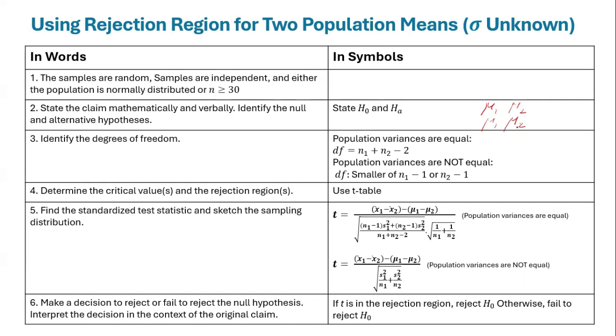Based on the claim, mu 1 is less than mu 2, or more than mu 2, or equal to mu 2. And don't forget that, similar to chapter 9, the equal sign always goes for the null, and the alternative does not include any equal sign.